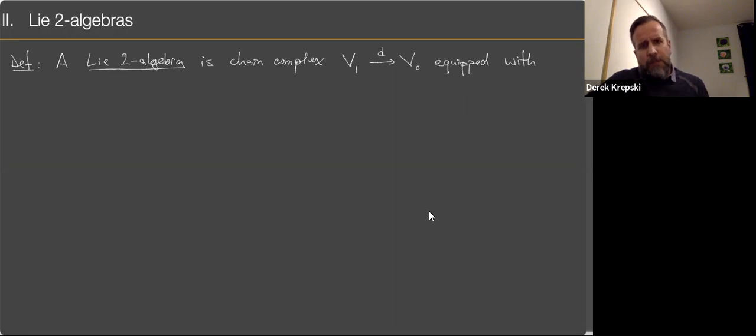A Lie 2 algebra is going to be just a chain complex with just two terms. So a two-term chain complex is just a pair of vector spaces and a linear map, but the language of chain complexes will be convenient for us to describe the other properties. It's equipped with a bracket, a skew-symmetric chain map.